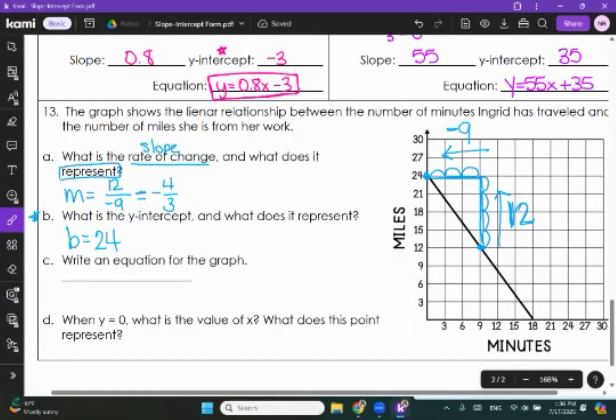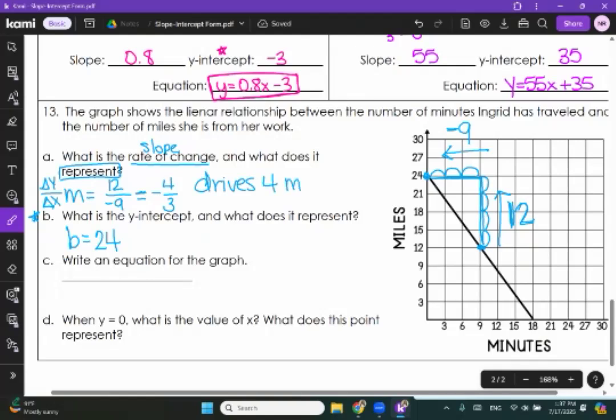She is on her way to work. So that means she is driving. Change in y over change in x. What does this 4 describe? 4 describes your y values.